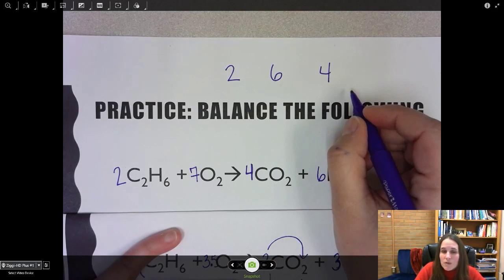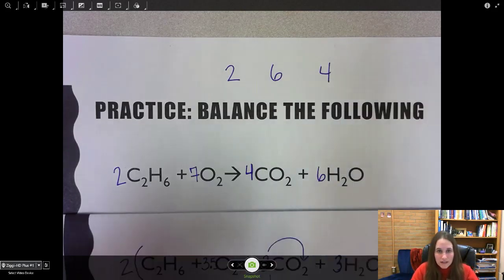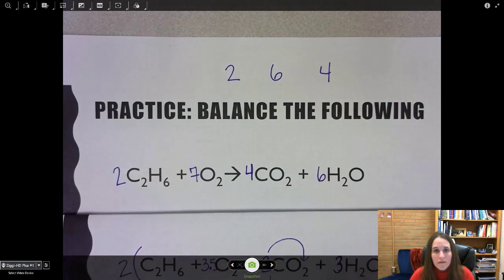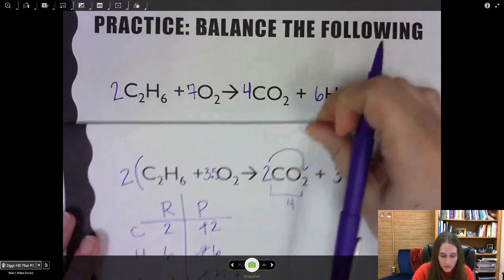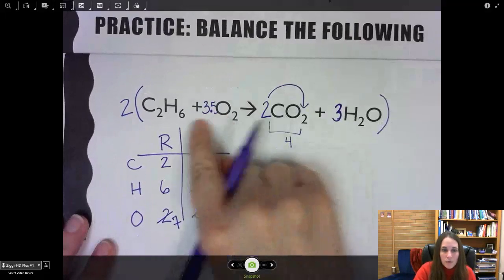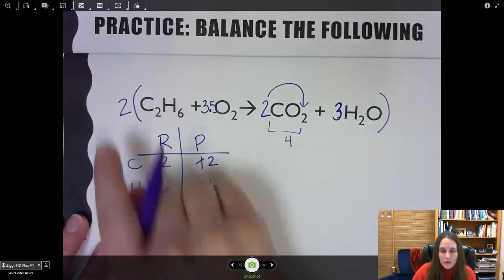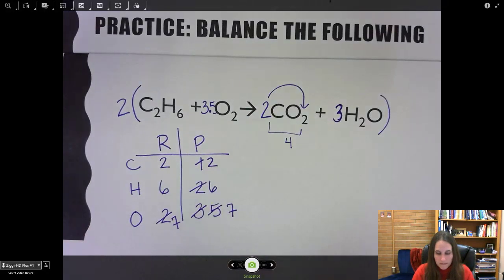So when we balance, we do go with the lowest, the most reduced form for balancing that reaction. But this is a method that you can use with these halves and then multiply by 2 in the end for some of those trickier problems.